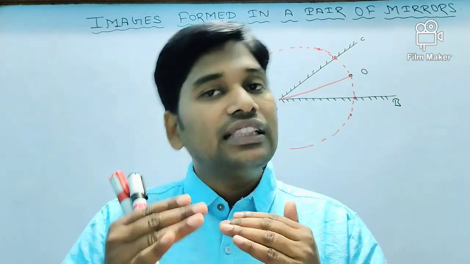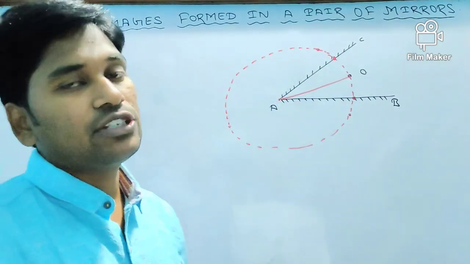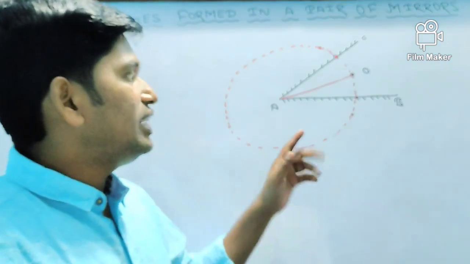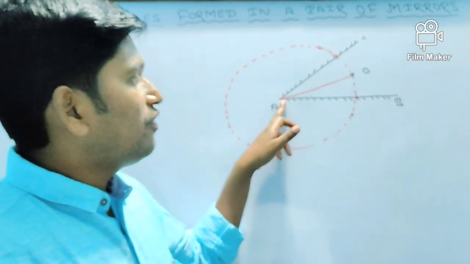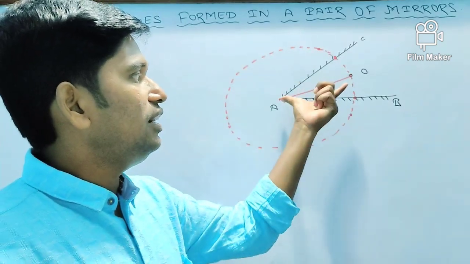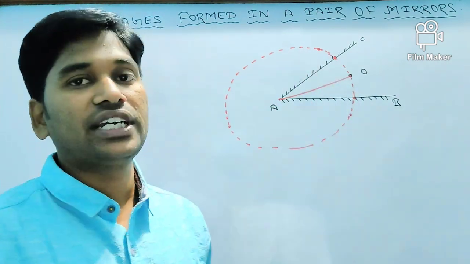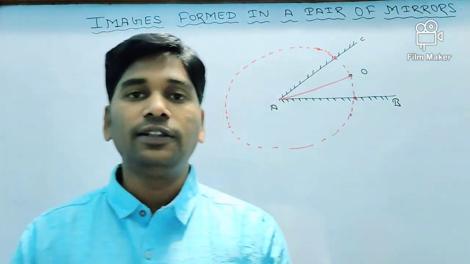So the image and the object we find on the circumference of the circle. And where is the center? At the point of intersection of the mirrors. What is the radius of this circle? OA, that means from the intersection to the object. This is the radius of the circle.